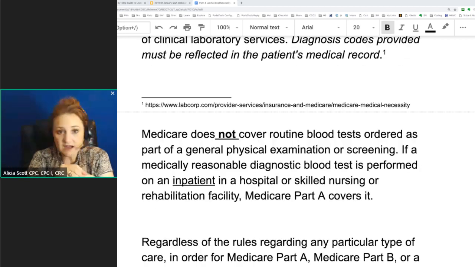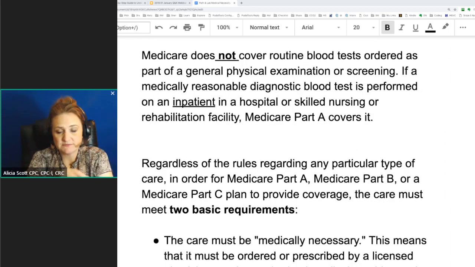Medicare does not cover routine blood work. They just don't cover it. That being said, that could be part of the problem with the medical decision making also. That's why you're going to get denials, and that's why you don't hear a whole lot of education about the medical decision making associated with it, because it's not covered.